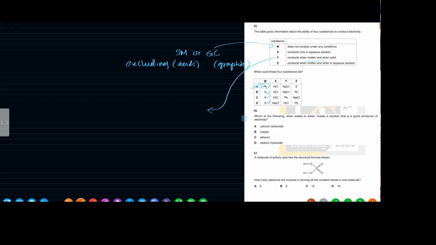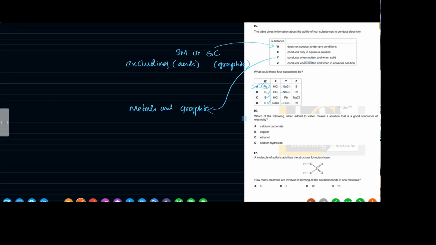What are the substances that can conduct electricity both in solid and molten form? Metals and graphite, but melting graphite is very hard. But they can conduct electricity in both solid and molten form. In that argument, when I look at Y, sodium chloride is out, because sodium chloride can't do it in solid form.